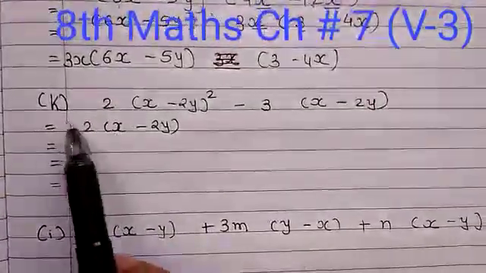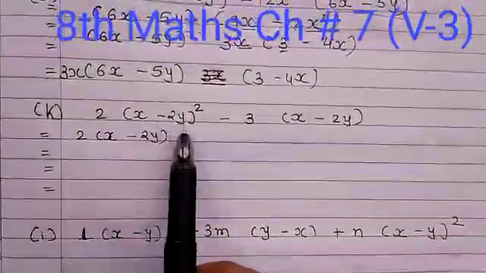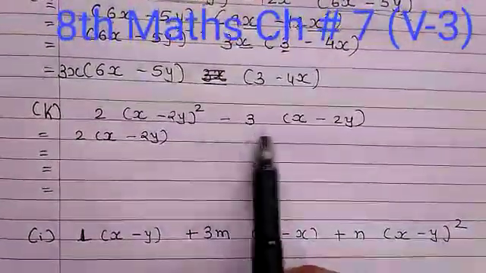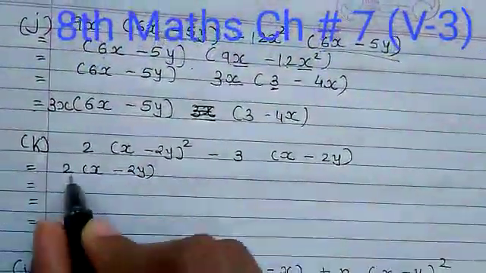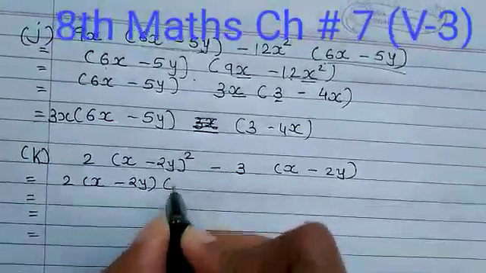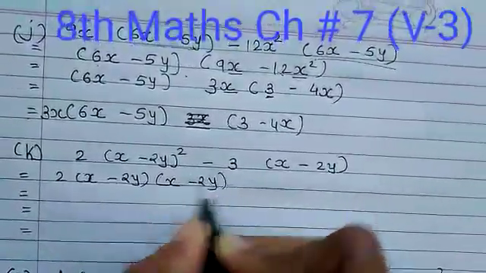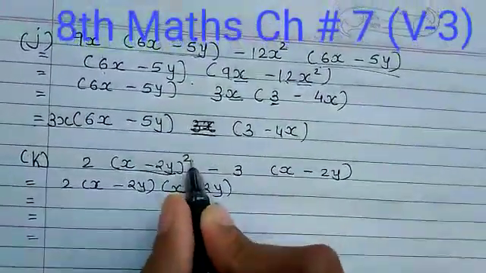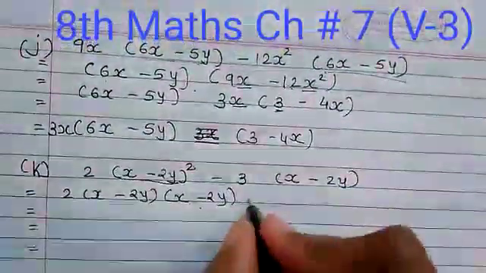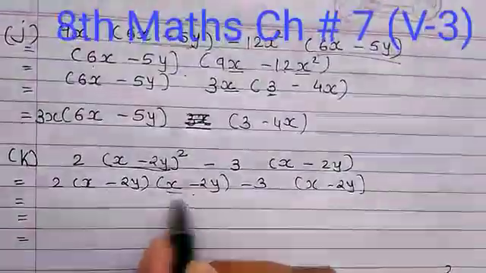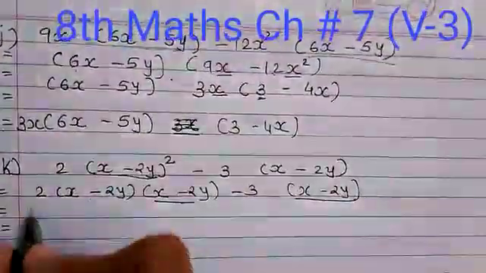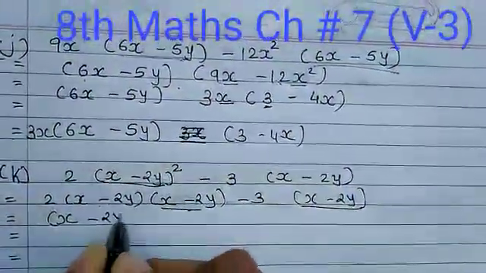Now students, in K number: 2 into x minus 2y whole square minus 3 into x minus 2y. But students, here 2 times is given, means 2 into x minus 2y, and we have to write 2 times these whole terms. So we have written 2 times minus 3 into x minus 2y. Now we can take out this term as a common, so what is remaining? x minus 2y is common.